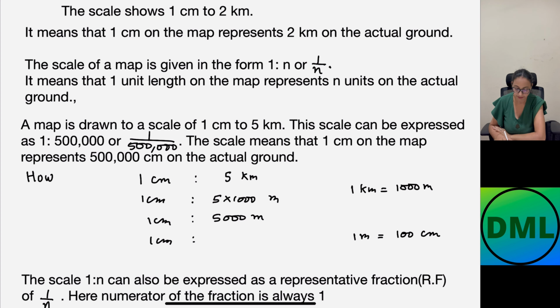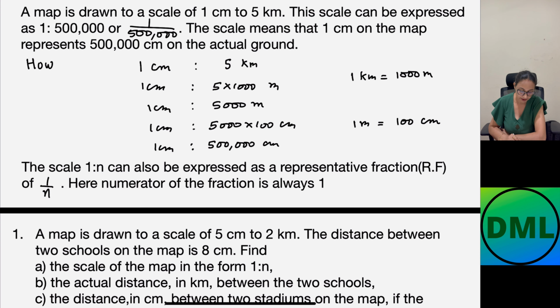That means I'm going from a bigger unit to a smaller unit, so I need to multiply this by 100. Let's write down 5000 multiplied by 100 centimeters. 1 centimeter is to 500,000 centimeters. That's why we have the scale 1 centimeter to 500,000 centimeters. They both are in centimeters.